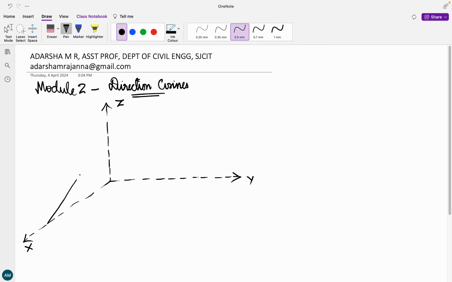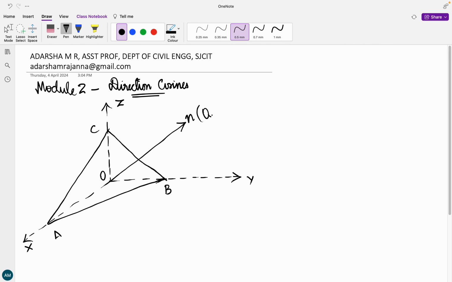Alright, I've considered a plane object like this. Let this point be C, B and A. Let us consider this as origin and let me draw an outward normal N.